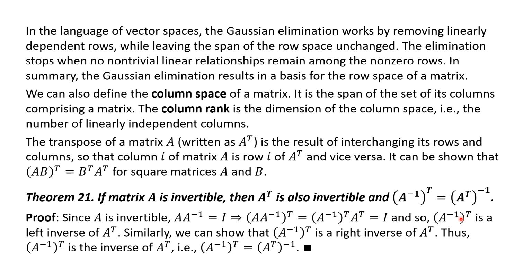And so the A inverse transpose is the left inverse. If you multiply this times A transpose on the left, you get the identity. In a similar way, we can show that A inverse transpose is a right inverse of A transpose. Thus, A inverse transpose is the inverse of A transpose, and we have what's stated up here.